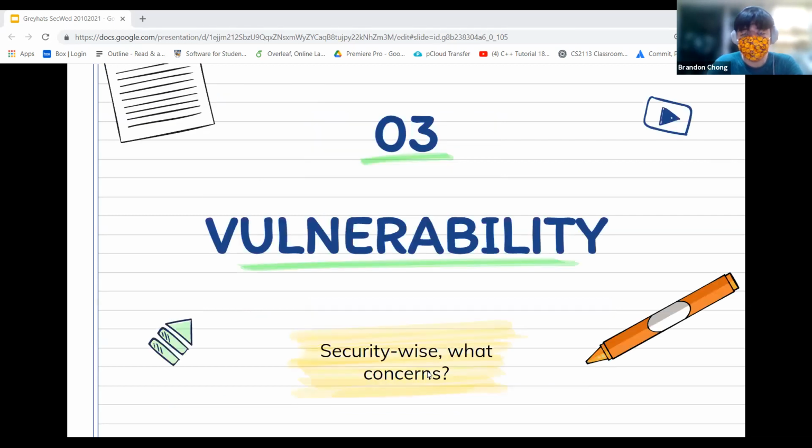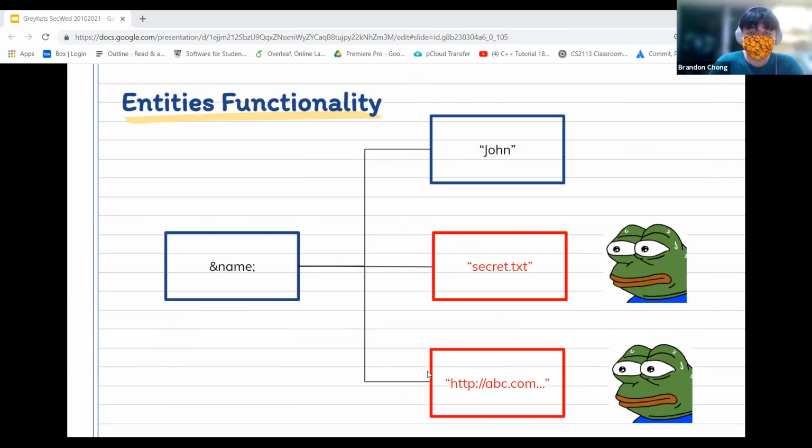Okay, so now that you are familiar with XML, entities and DTDs, we can start going into what exactly XXE attacks are and how they are carried out. Entities are not just used for storing values, they are capable of a lot more.